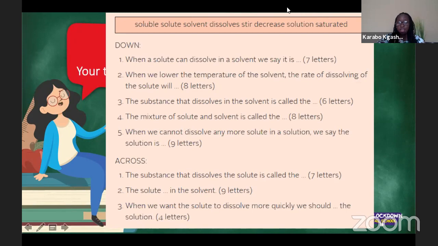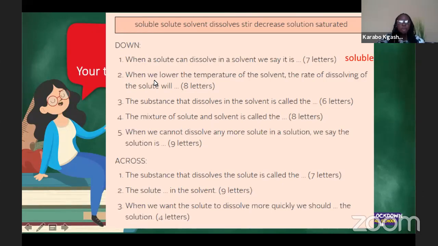What is the answer? Muzi, soluble. Well done. We say it is soluble. He was the first one to answer. Thank you, Muzi. And of course, Iksan, Faith, Razi, and it goes on and on. Well done. Thank you, guys.